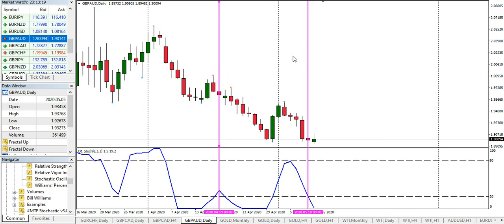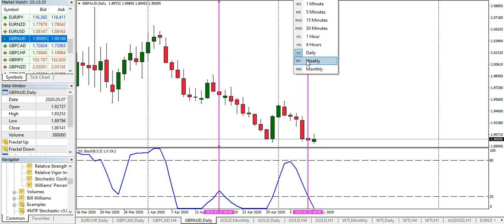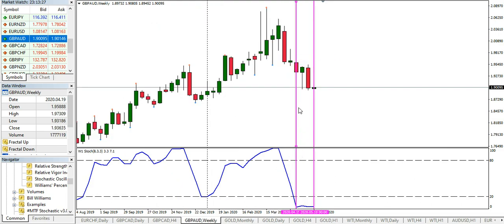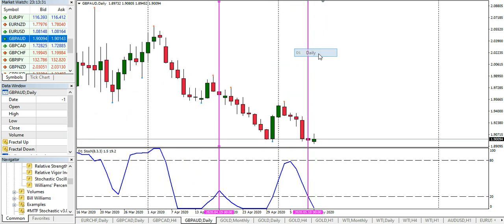So this period from this pink vertical line to this pink vertical line was when we were in the buy zone of the weekly time frame. Now, when we go to the daily time frame, we are only seeking for the daily stochastic oscillator to be in the buy zone.